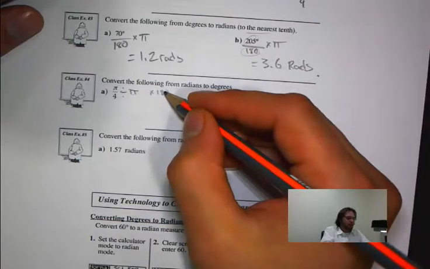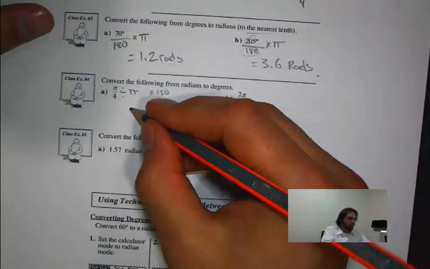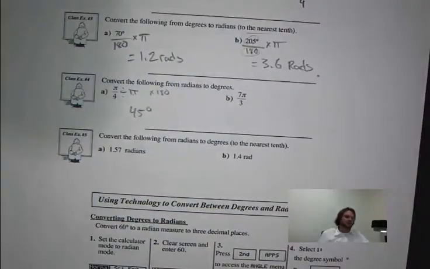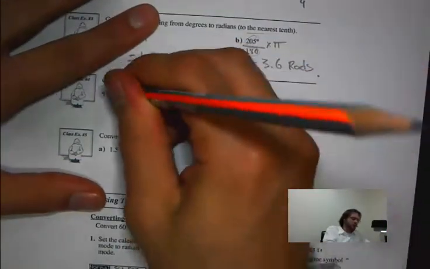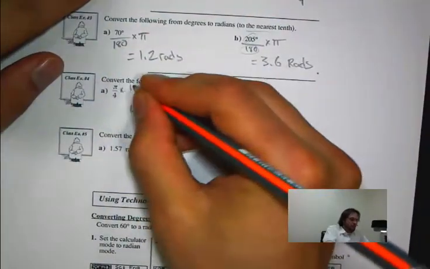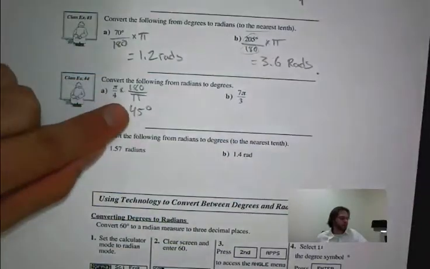And then I multiply that by 180. 180 divided by 4 is going to give me a total of 45 degrees. Okay? So I first divide by pi, then I multiply by 180. Or I could say I multiply this by 180 over pi. Okay? So I want degrees, and I'm getting rid of my pi's.